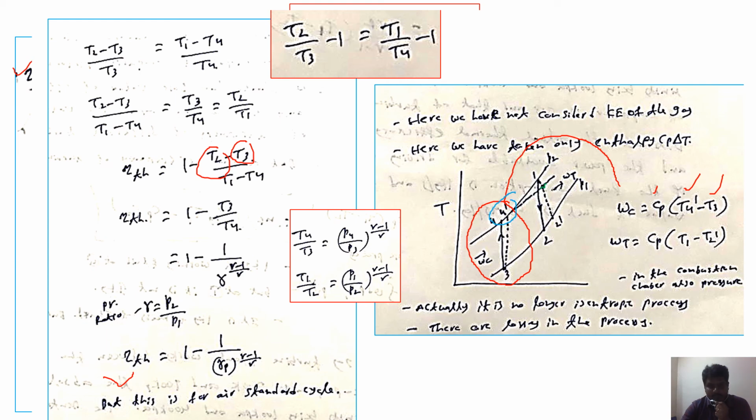Same way, if we consider 1 to 2 dash, work done by the turbine we can write as Cp into T1 minus T2 dash. Here 2 dash is the new point if we consider losses.